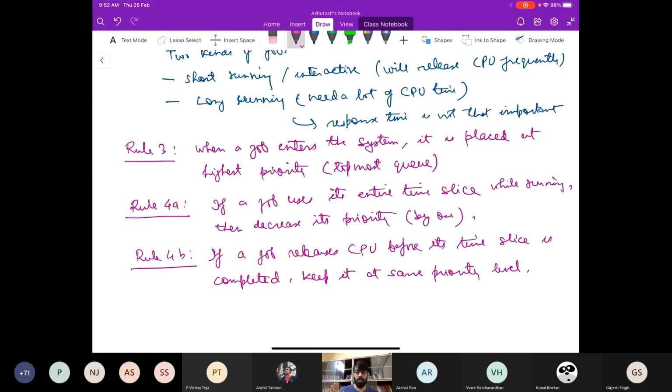Okay, so these are the basic rules for now. So let's see some examples.